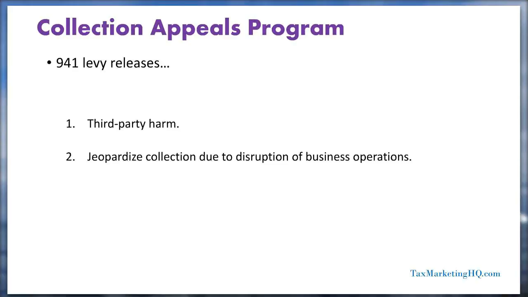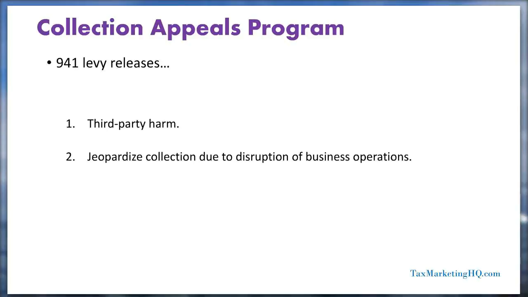So normally in a cap appeal, one of the strongest arguments you can make for getting the levy release is this third-party harm. You're going to have to provide copies of payroll information, payroll checks, all the payroll processing stuff. And you can usually get the levy released up to the amount of outstanding payroll checks. Much more difficult to prove, but the second most common situation where you're going to get a 941 levy release through the collection appeals program is if the levy jeopardizes the government's ability to collect the debt.